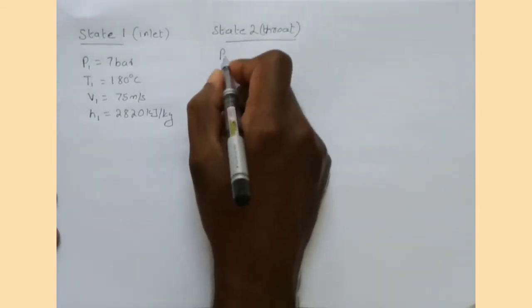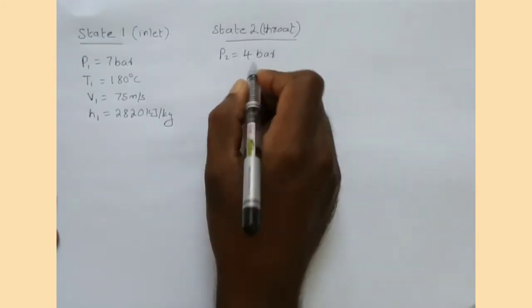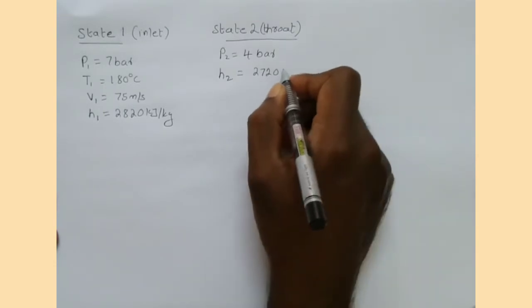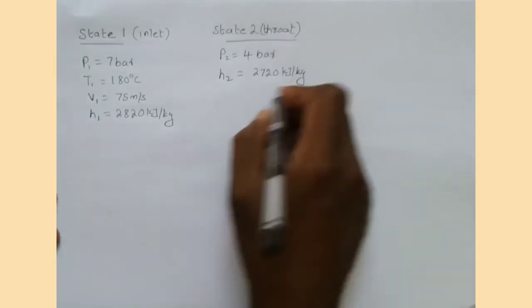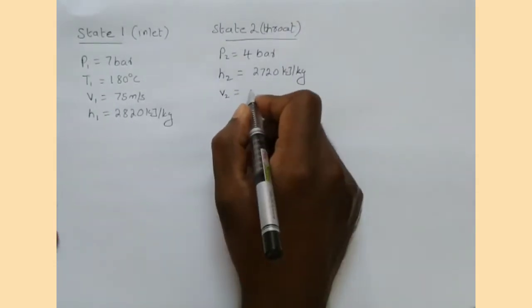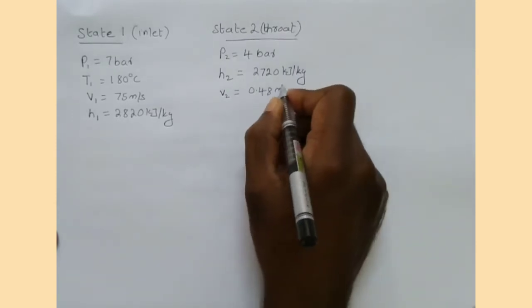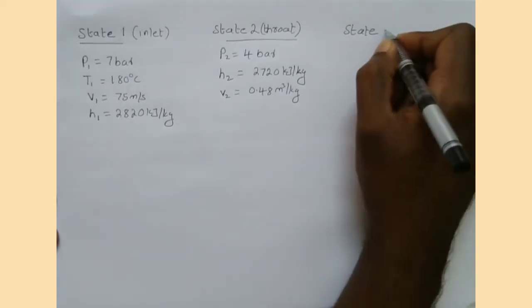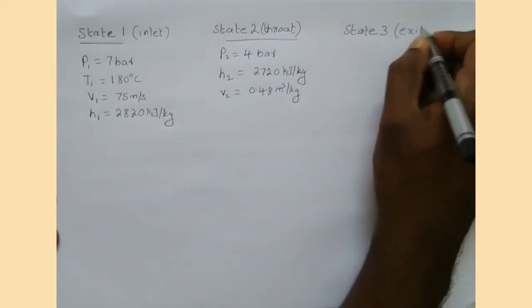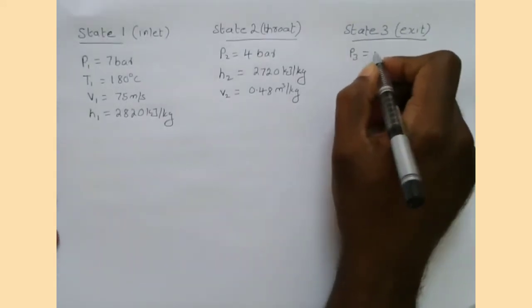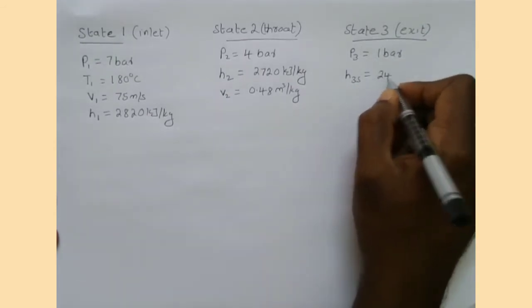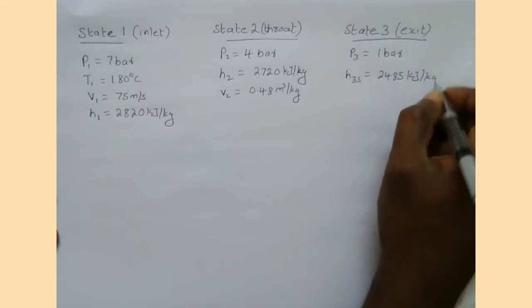At state 2, that is at throat, pressure P2 equals 4 bar, enthalpy H2 equals 2720 kJ per kilogram and the specific volume V2 equals 0.48 meter cube per kilogram. At state 3, that is at exit, pressure P3 equals 1 bar, enthalpy H3s equals 2485 kJ per kilogram.